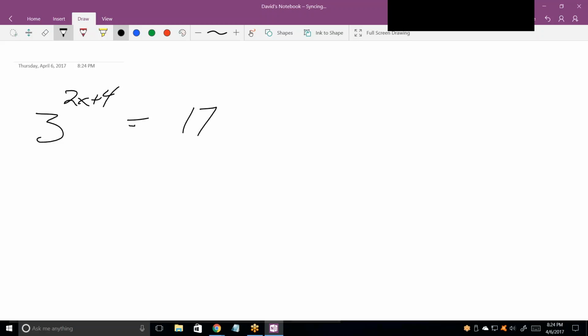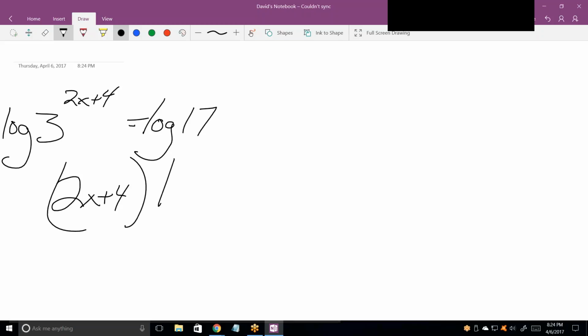So this time I'll take the common log of both sides. Now what's the next line? 2x plus 4 log 3 equals the log of 17. And the next line?